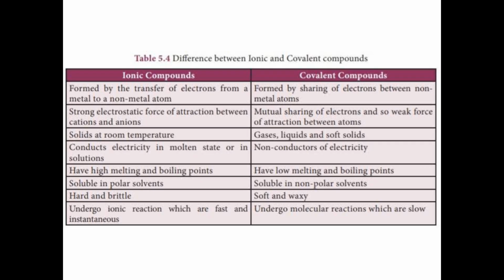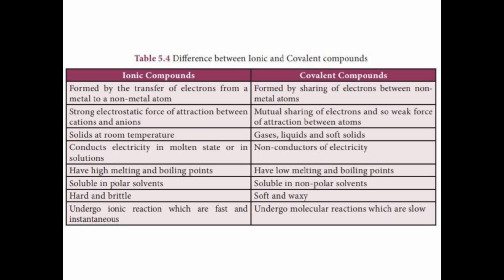So let's look at the various differences between ionic and covalent compounds. Of course, ionic compounds are compounds formed from ionic bond, while covalent compounds are compounds formed from covalent bonding. So what differentiates between them? In ionic, for instance, the compounds are formed by transfer of electron from metals to non-metal.